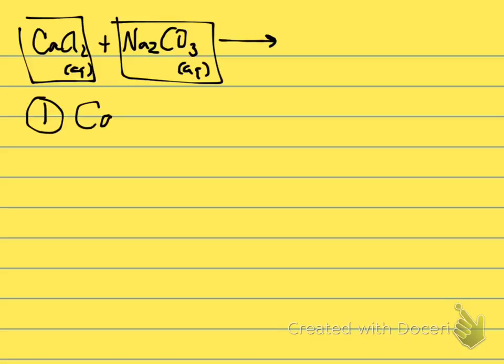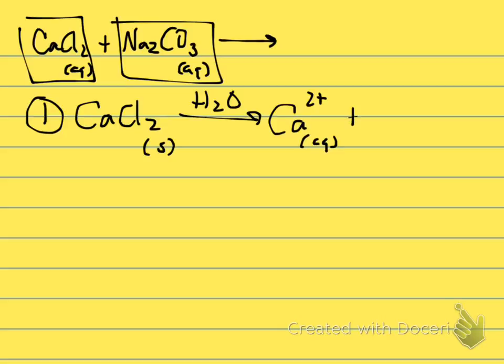So we always start our dissociation equations, of course, imagining that these things are still in solid form. And we're going to get Ca2+ ions in aqueous solution plus 2 chloride ions also in aqueous solution.